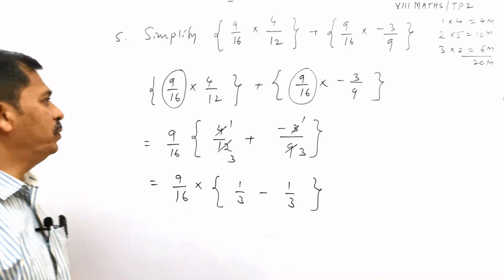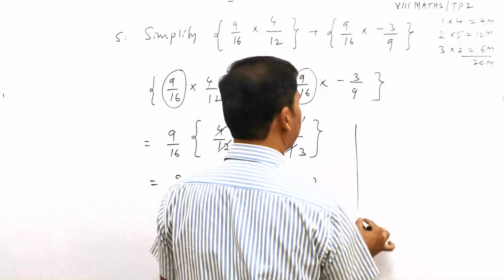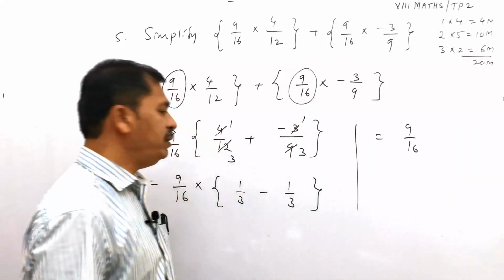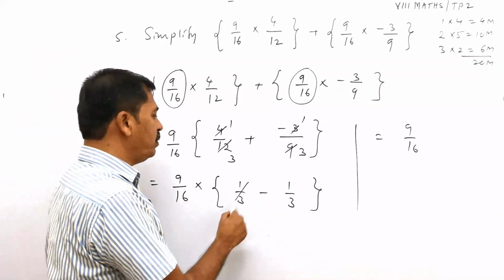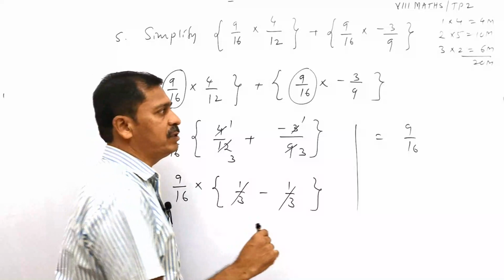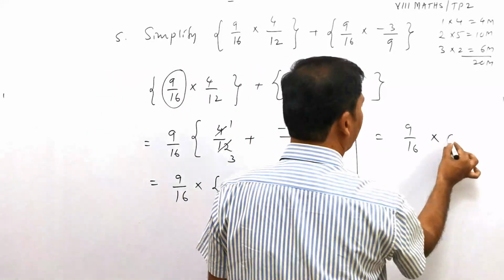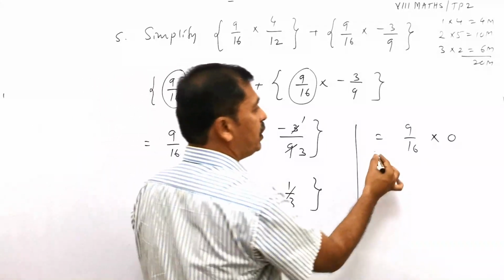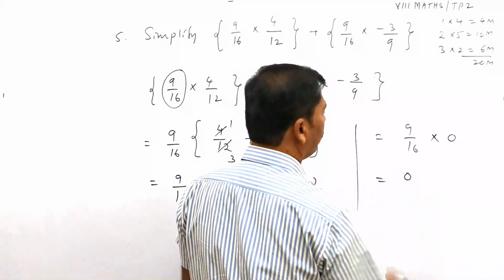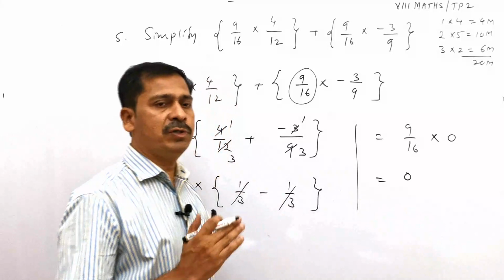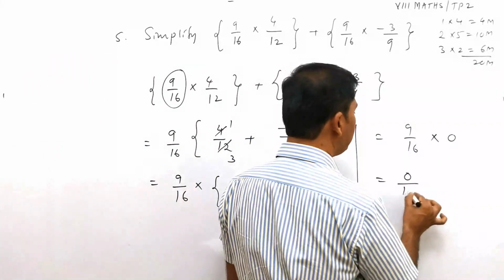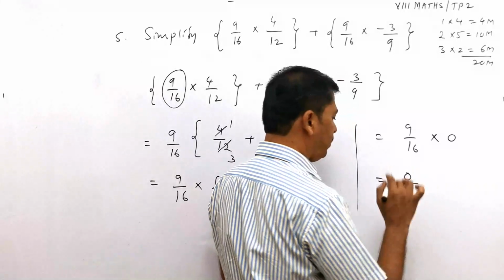So 9 by 16 as it is, and plus 1 by 3 and minus 1 by 3 cancel. It means nothing remains, nothing means 0. 1 by 3 minus 1 by 3 is 0 itself. So 9 into 0 is 0, and 0 by 16 is nothing but 0 itself.